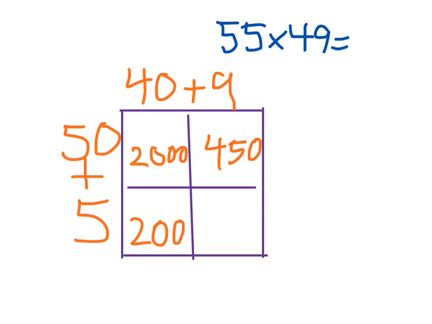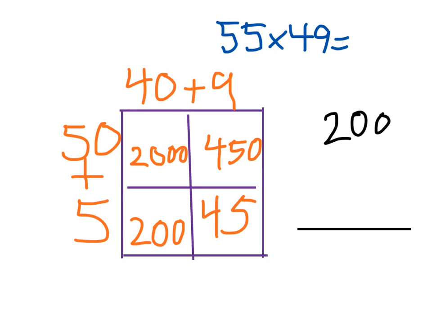So the last one will be 5 times 9, and I hope you know that too, and that will be 45. And it will be like that. And you all add it together. You first add the 2,000 and put the 450 and 200, and the last one 45.